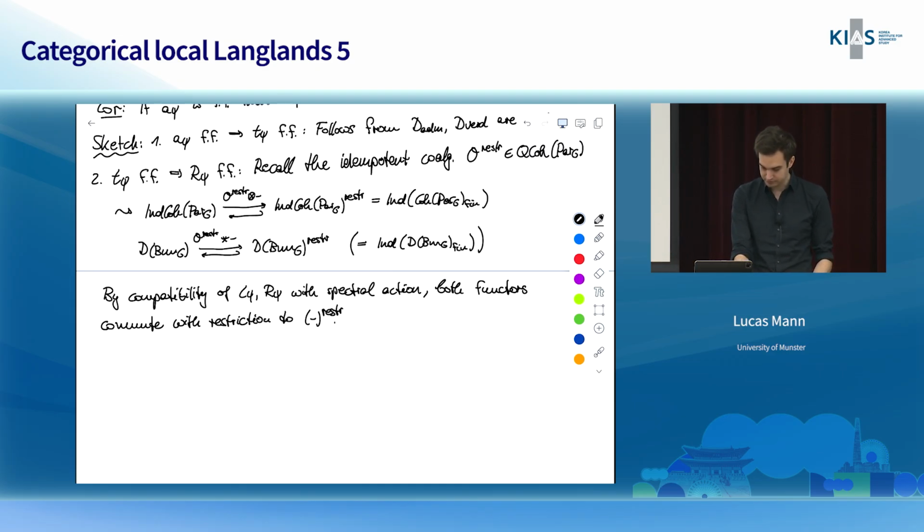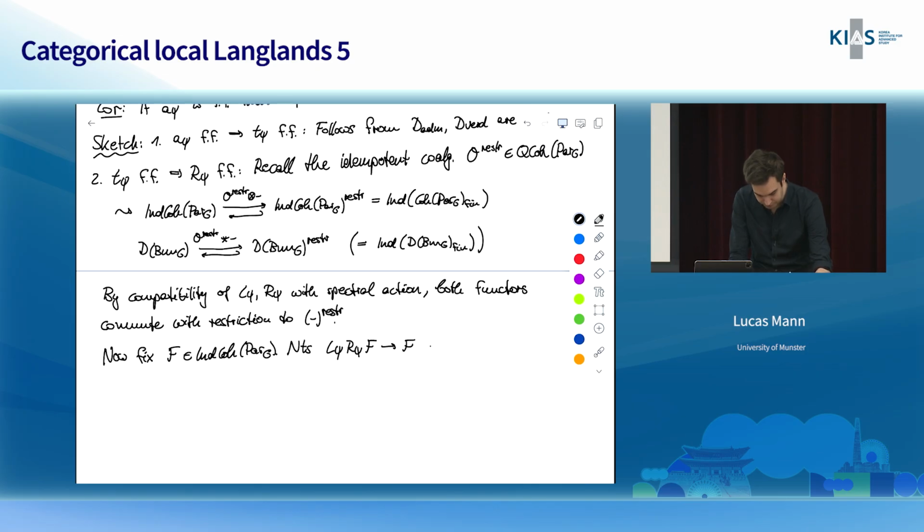Okay, but now we can finish the argument. So now fix some sheaf F in Ind Coh par G. Okay, we need to show that the natural map from L psi R psi F to F is an isomorphism.